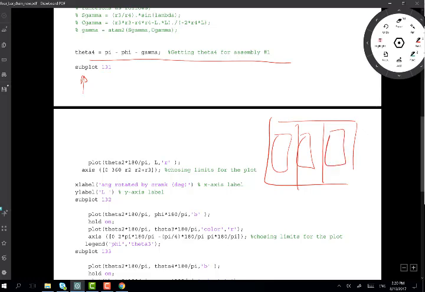Here I have 1, 3 and 1: the first 1 means one line, the 3 means the number of plots per line, and the last number means I'm talking about the first plot.